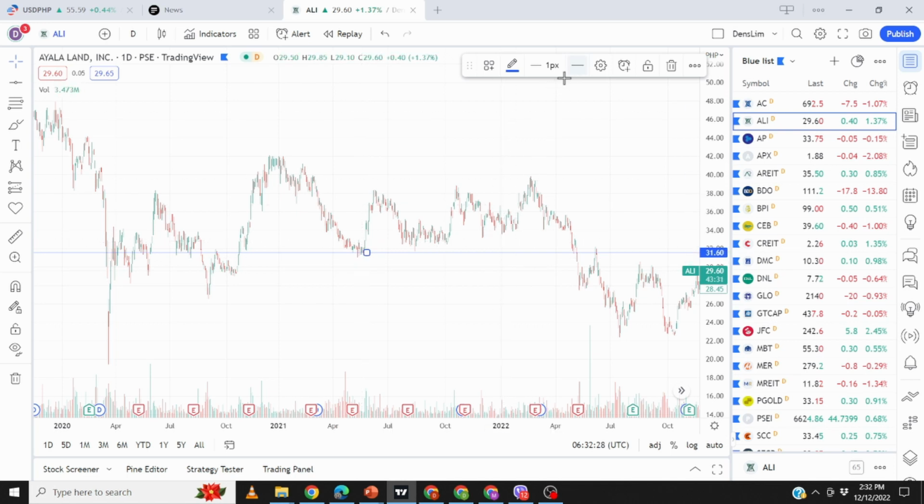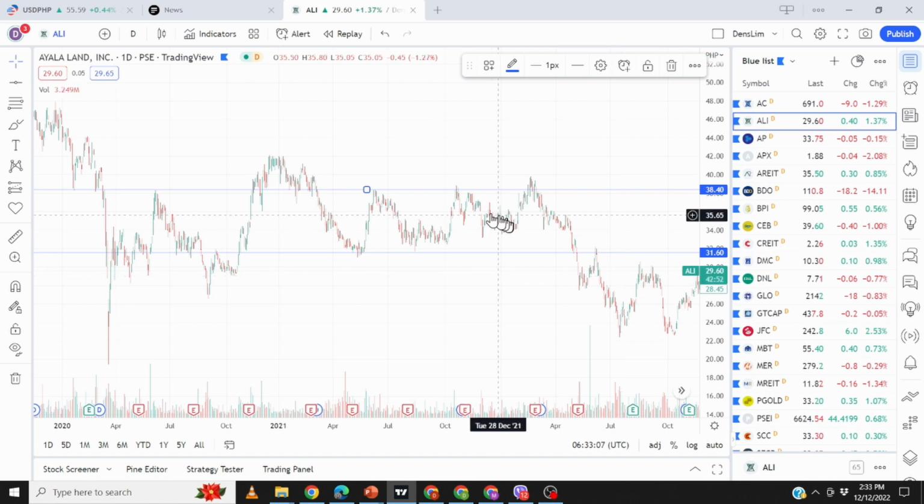As opposed to a resistance level, right? So for a resistance level, we can look at Ayala's chart again. Here, there seems to be something that prevents Ayala Land's price from consistently going above 3840, right? Yes, it went up here to 42, but then it came back down below 3840, and after that it was never able to go above 3840 until March of this year at 3980, but again it went down, right?